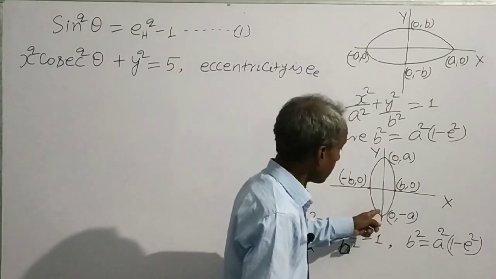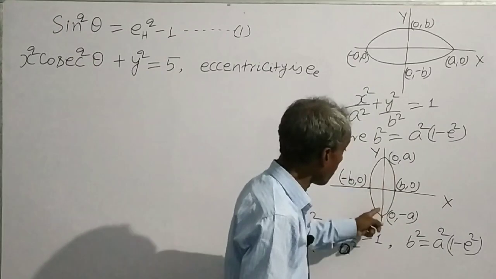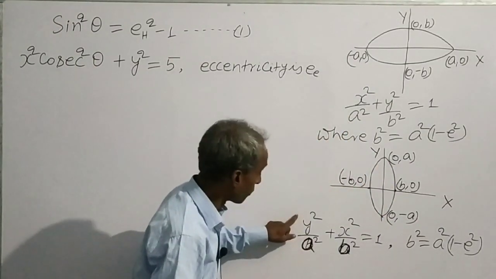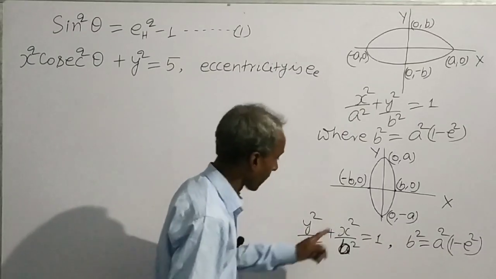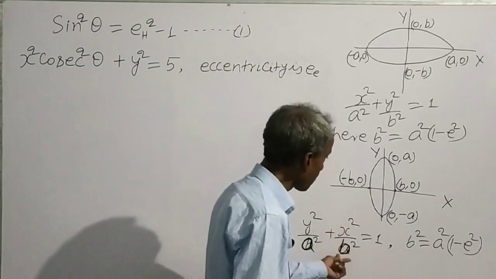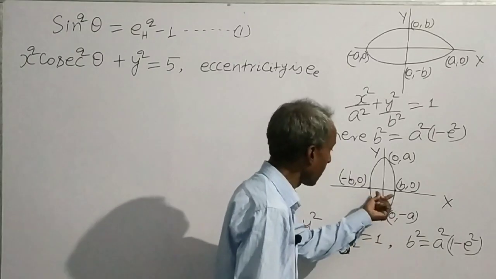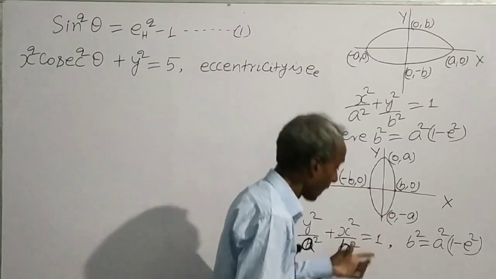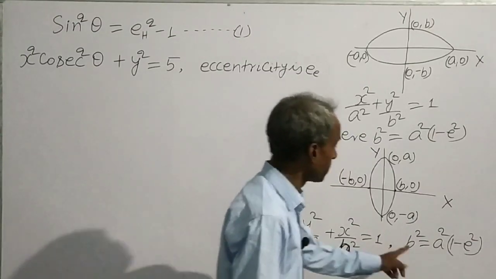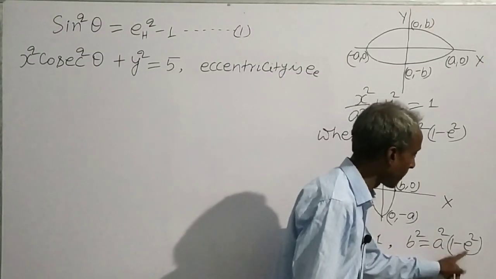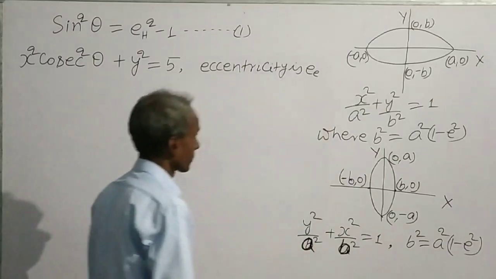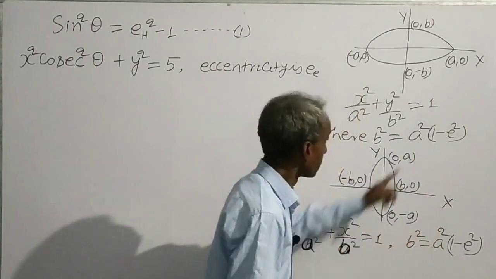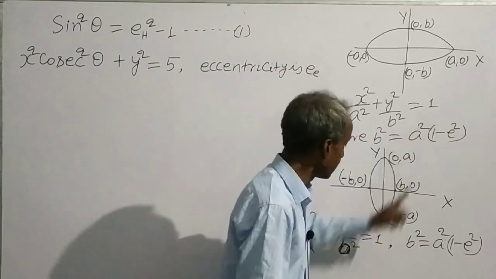But when major axis is along y-axis, we write y square by a square plus x square by b square, where b is the semi minor axis, is equal to 1, where b square is equal to a square times 1 minus e square. In both these equations, right side is 1.